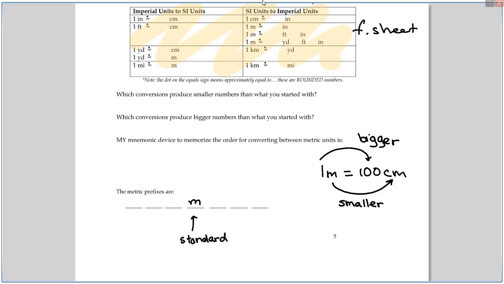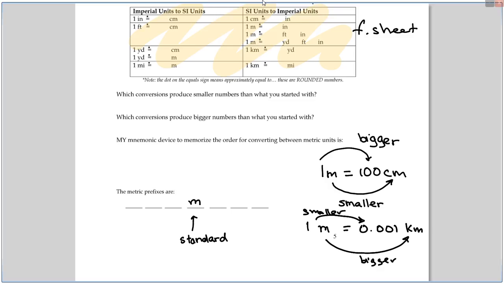Okay? If I had 1 meter, how many kilometers do I have? 0.001 kilometer. So if the unit gets bigger, our number gets smaller.